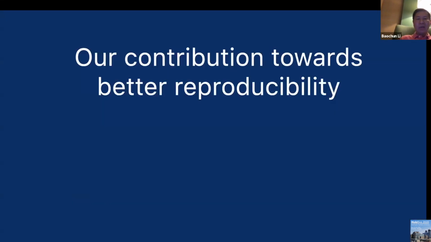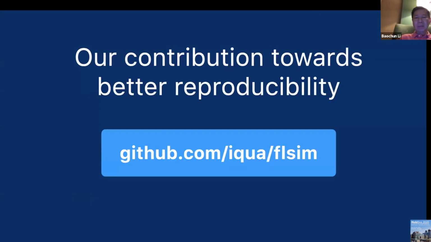Now, rather than just writing a paper about it, we would like to contribute towards better reproducibility of the results by open sourcing the actual work that we have done to emulate the federated learning framework and also our own DRL-based device selection algorithm.